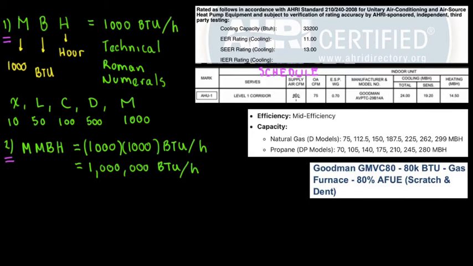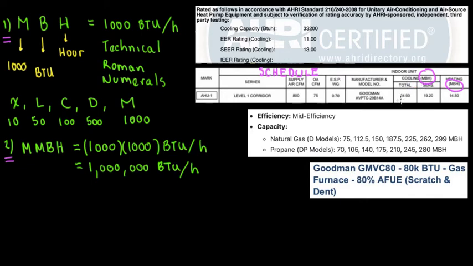The CFM is 800, and the outside air is 75. External static pressure, inches of water gauge, is 0.70. For the manufacturer, the cooling capacity is expressed in MBH, and the heating capacity also in MBH. In this case, we have two cooling capacities, total and sensible.